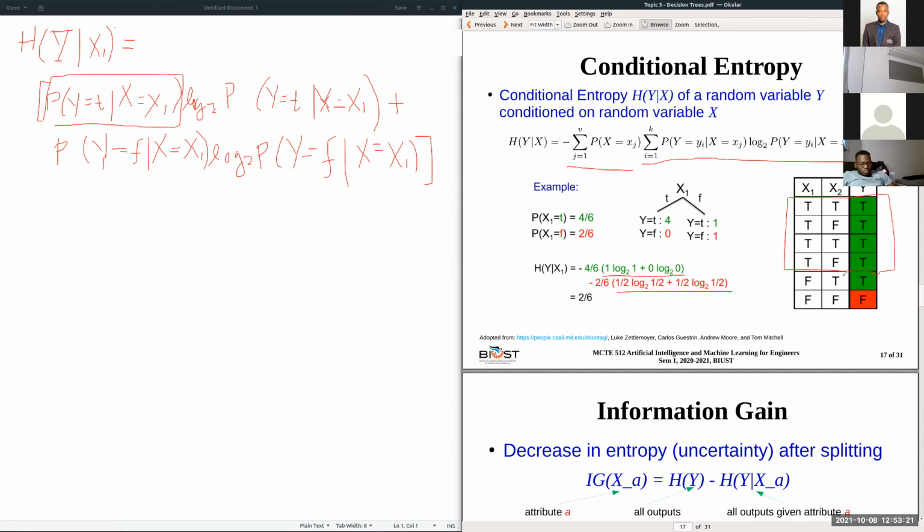In terms of Y, what is the probability that Y is true given X1, given X1 being true or X1 being false?